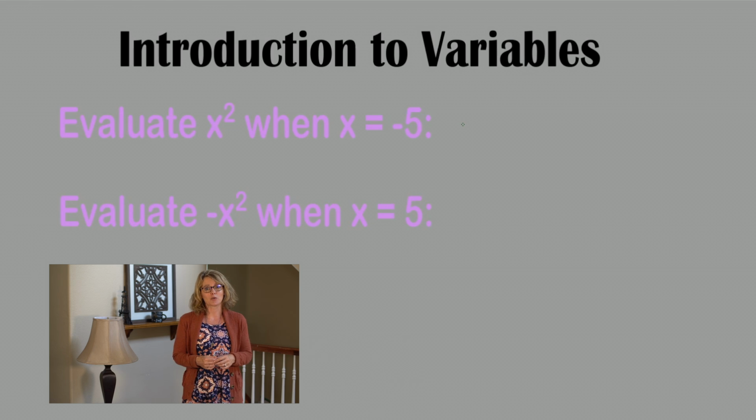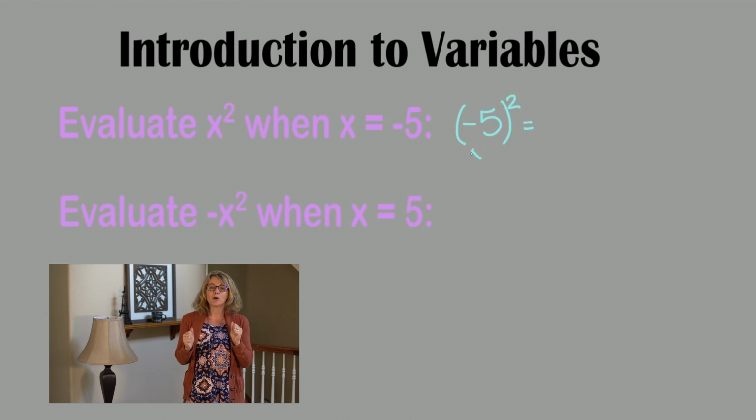Let's tackle the first one. Evaluate x squared if x equals -5. Remember, what we do here is put a -5 every time I see an x in my expression. -5 with the little 2. However, whatever x is squared, and if x equals -5, that means that -5 is squared, not just the 5.